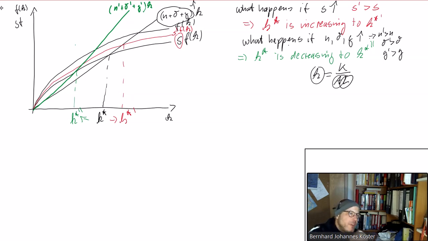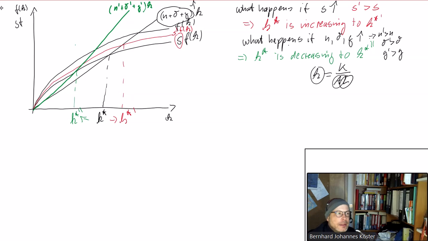If the depreciation rate is 10%, we need only 10% of our next period production to hold the level. If this is increasing to 20%, then of course we directly have to move a larger part of our next term's production to just hold our level.